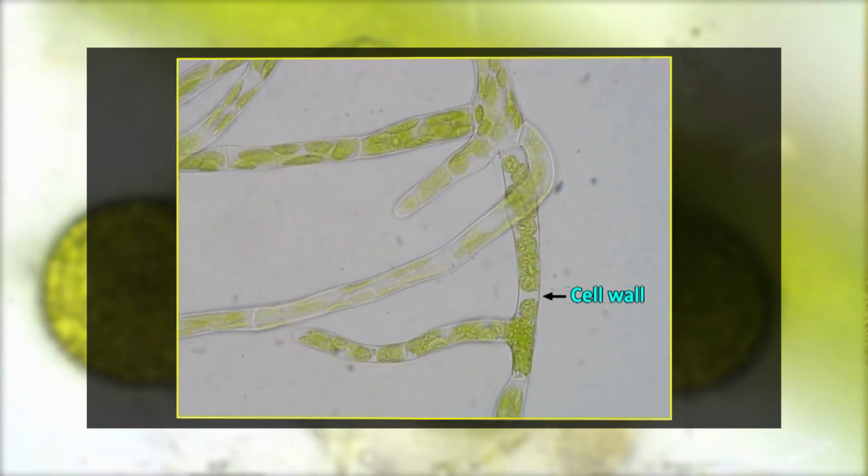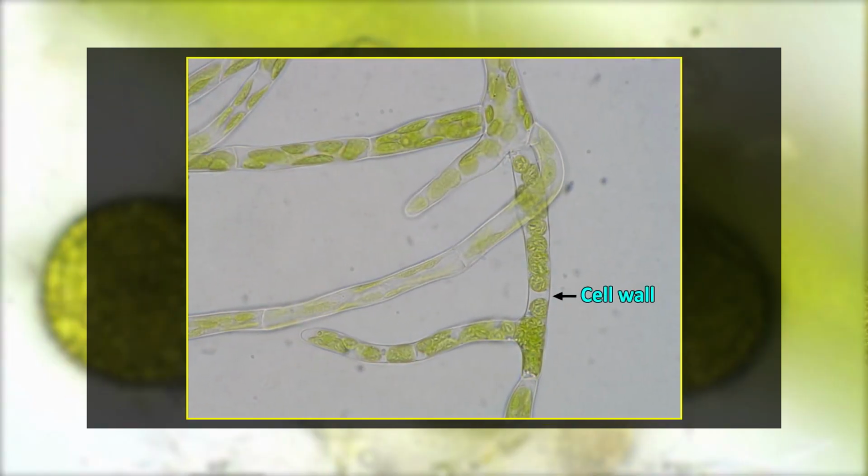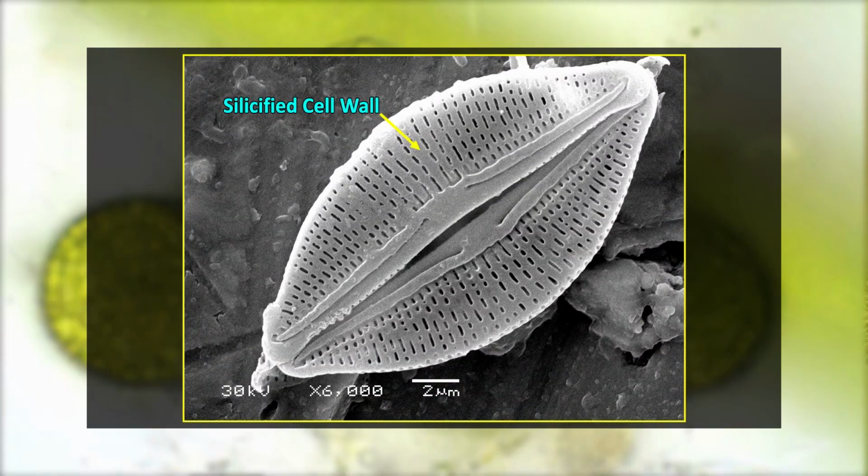Third important feature is about their cell wall. Their cell wall is often absent, but when present, it contains pectic compounds. Some members have cellulose. In some non-motile forms, cell wall is silicified and made of two halves which overlap each other.